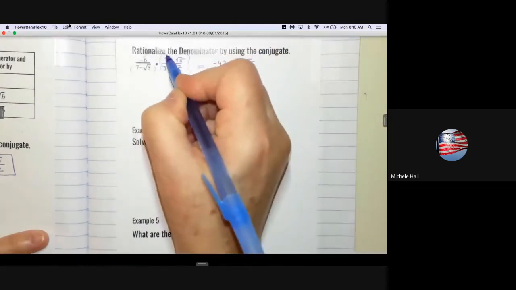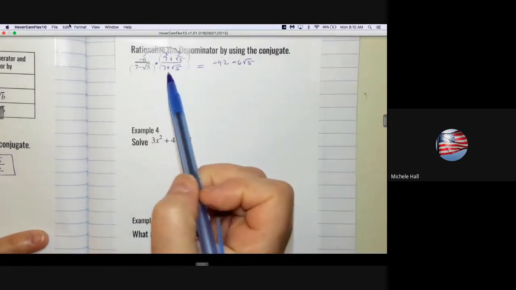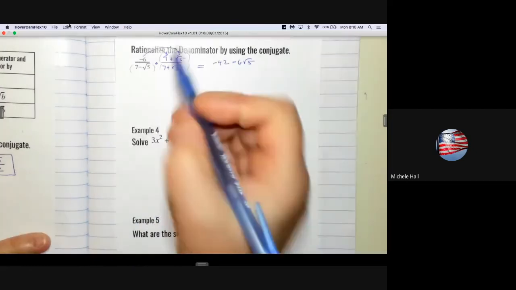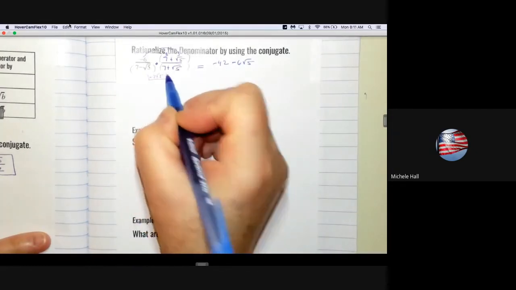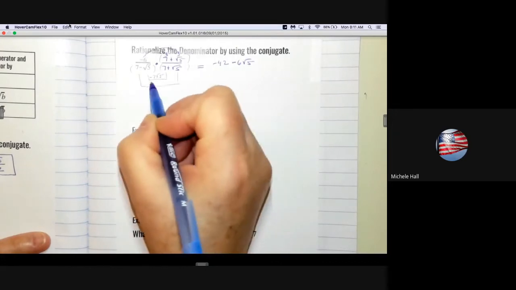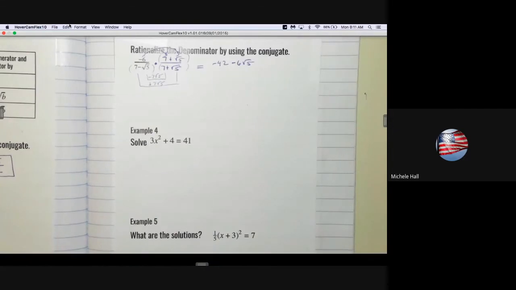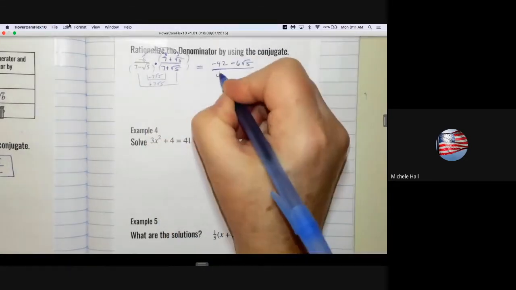Again, we're just using the distributive property to multiply. And here again, in the denominator, we have exactly the same thing except for a minus and plus sign. The inner term would be negative 7 square roots of 5, and the outer term would be positive 7 square roots of 5. We can see that we're not going to have a middle term. 7 times 7 is 49.